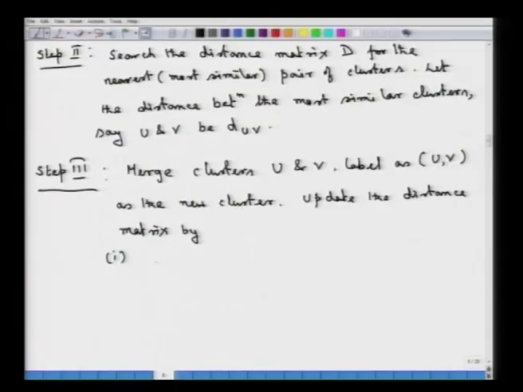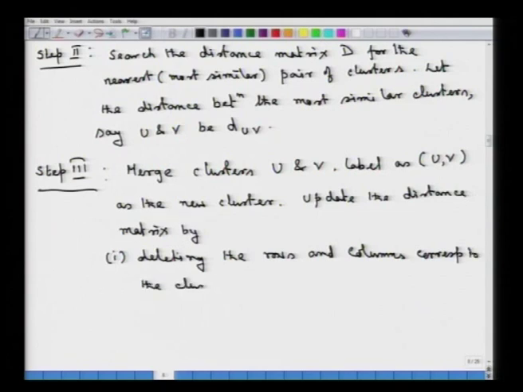So, the first step is that we will have to delete that. So, this updation is done by deleting the rows and columns corresponding to the clusters u and v.